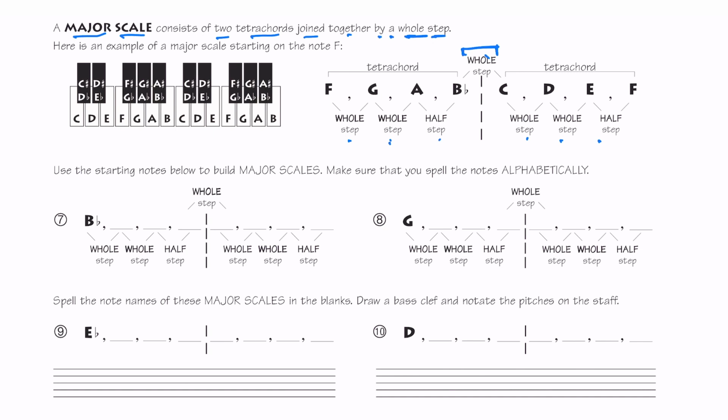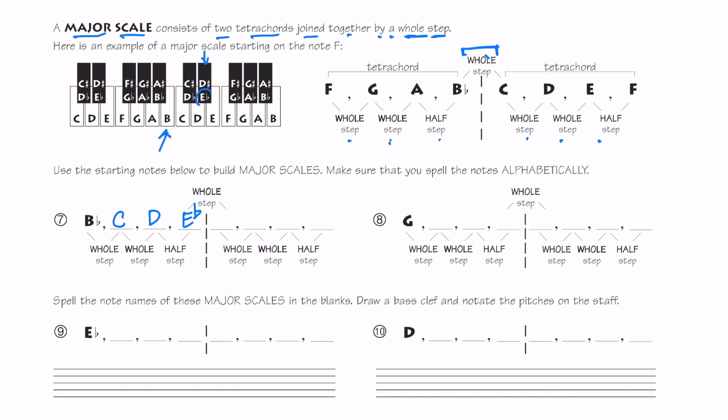Again, if you have the keyboard in your head, it makes it so much easier, but you can use this keyboard up here. All right, B flat, up a whole step is C. Up another whole step is D. Up a half step, now it's not D sharp because I've already used D. I got to keep going. E flat, okay, remember your enharmonic tone.